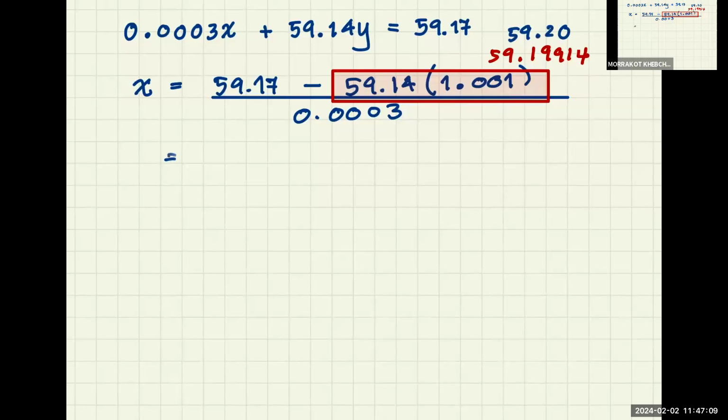Okay. So you will get 59.17 minus 59.20 equal to, on the top you get minus 0.03 divided by 0.0003. So it's about minus 10, okay?